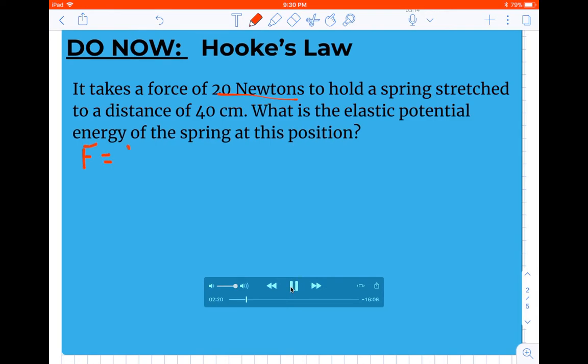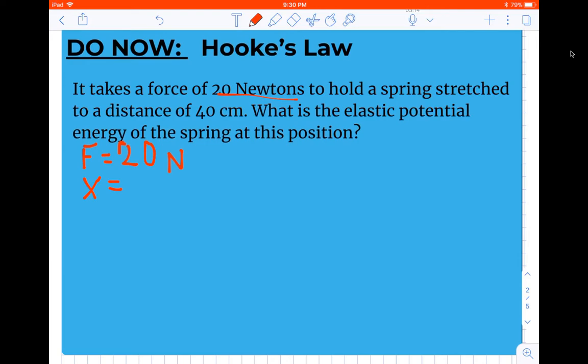Given what we know, we're told that it takes 20 newtons of force to hold a spring at a displacement x of 40 centimeters.